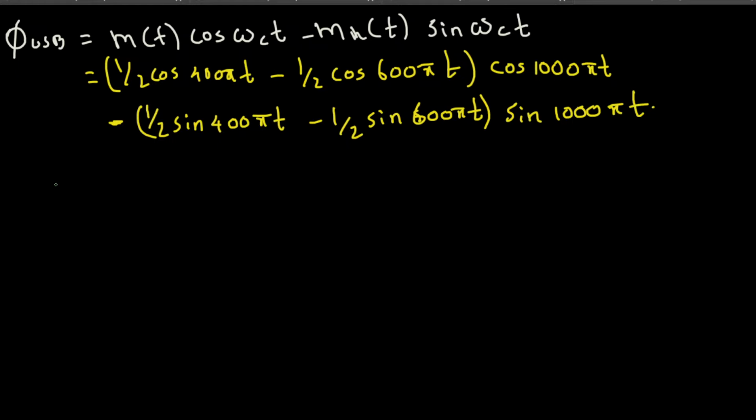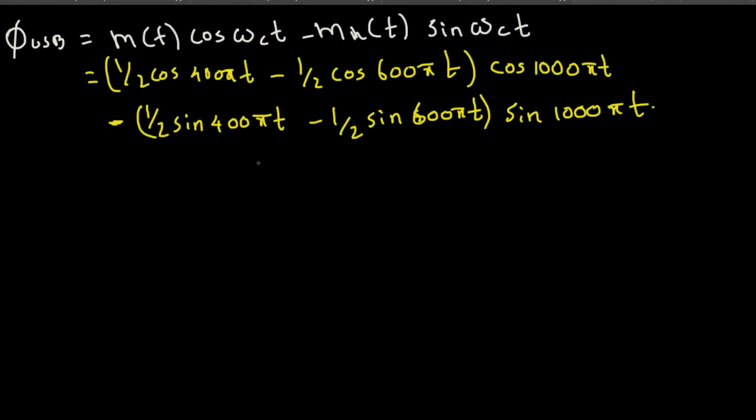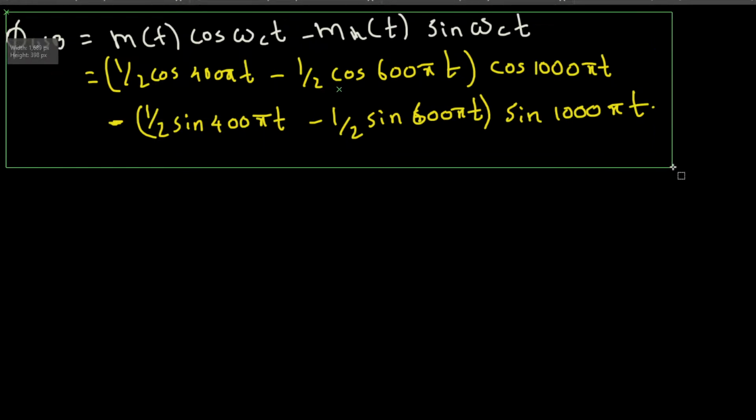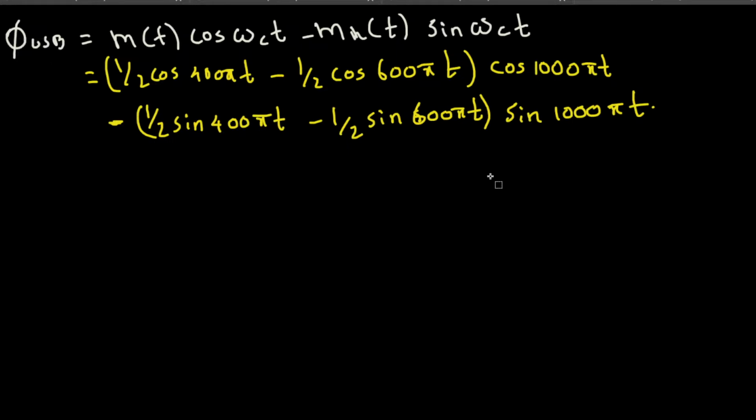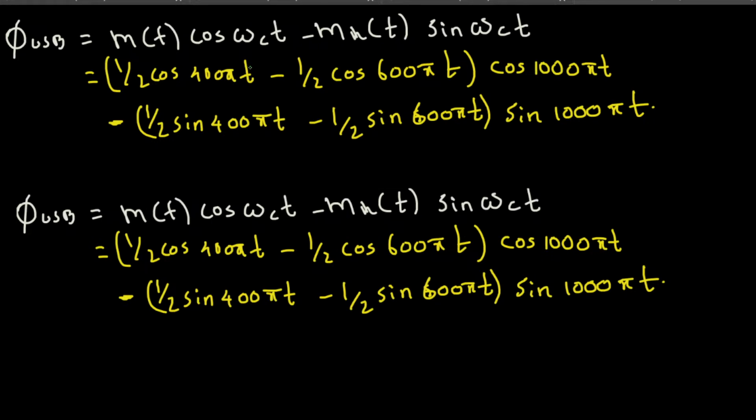Okay, so that is USB, and LSB is the exact same thing with a plus sign. We just have to put a plus for it. So if you just copy this one and change minus into plus, that's the LSB. So here this is LSB.